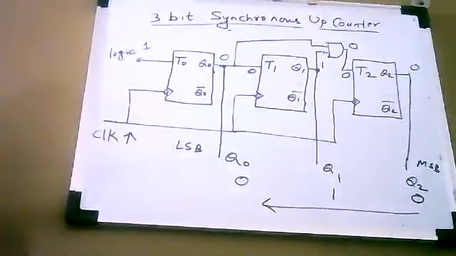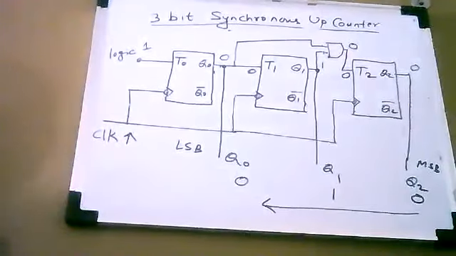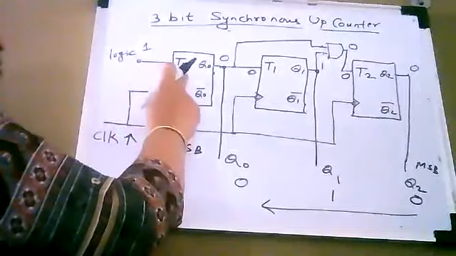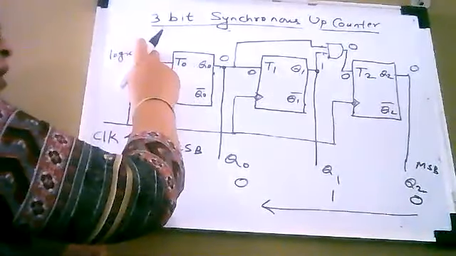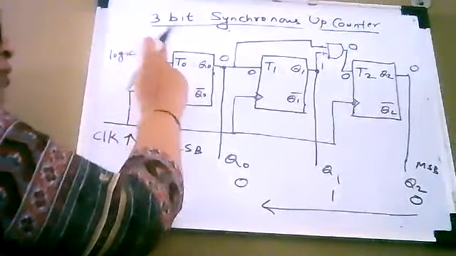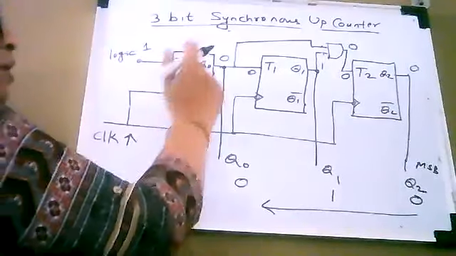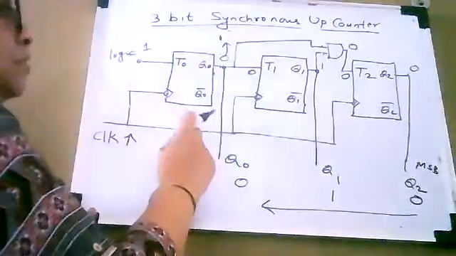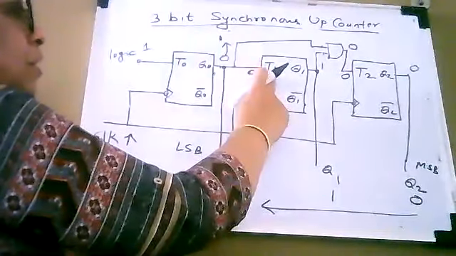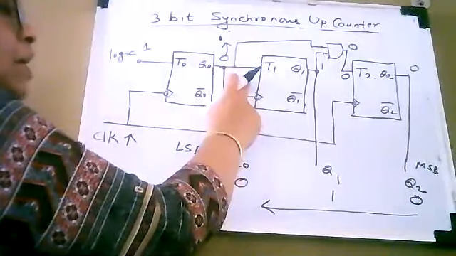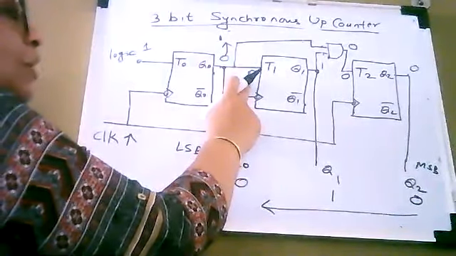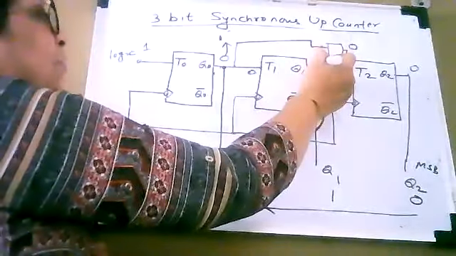Now in such condition of inputs, let us see what happens when we apply a clock pulse. As flip-flop number 1 is having input equal to logic 1, it is going to toggle, so it will change the state from 0 to 1. Flip-flop number 2 is having input 0, so it will not change the state.